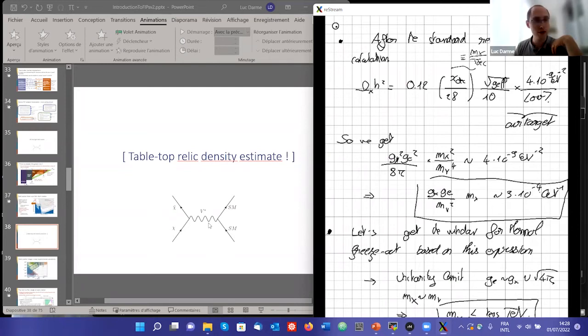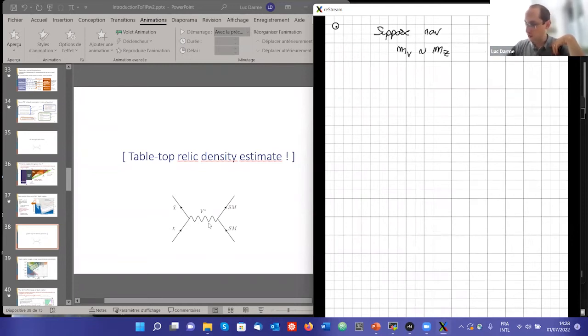Because this m_V is now 100 GeV, so you can set it here. And so altogether, if you have m_V equal m_Z, and then you suppose that the coupling to the E and the coupling to the chi are given by something like the weak interaction at 0.7, you get m_chi, which is roughly bigger than a few GeV.